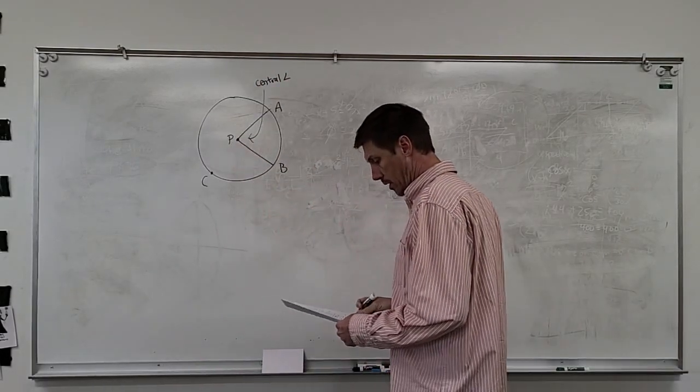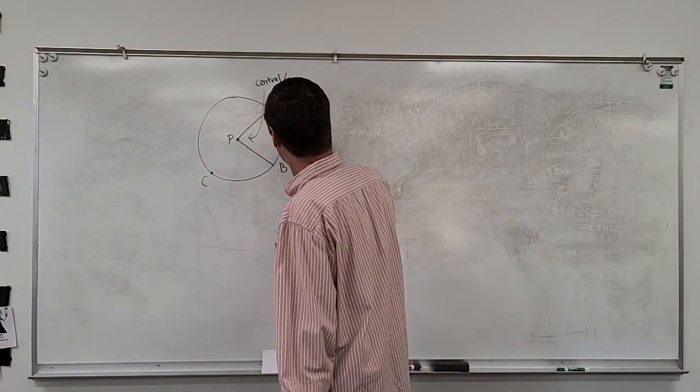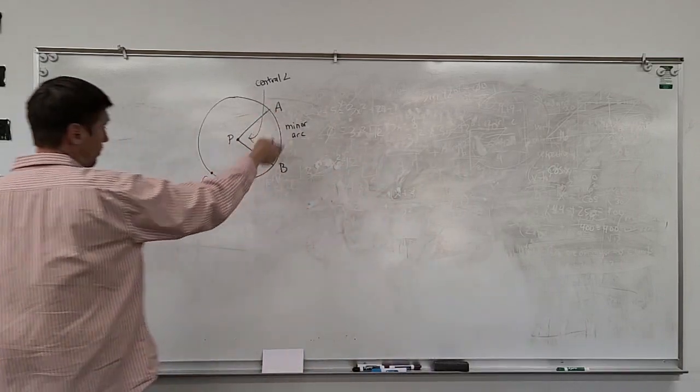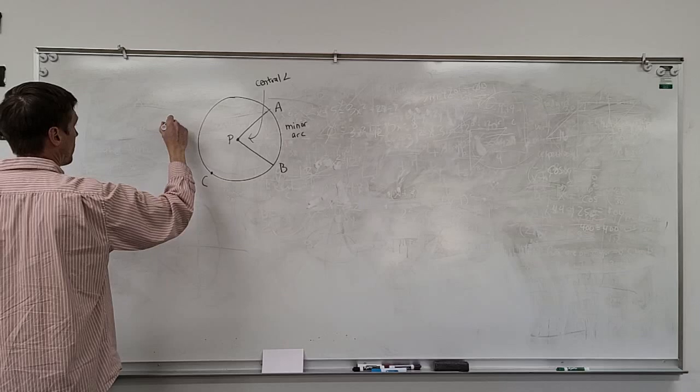This is referred to as a minor arc, the smaller arc that runs from A to B. This bigger arc that runs around this way is called a major arc.